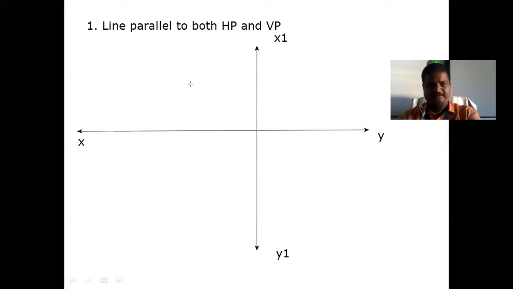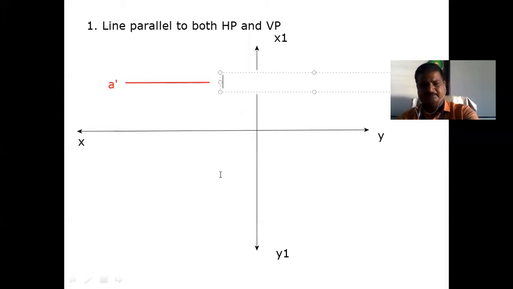This line must be a dark one. This is our front view of line AB. This is A dash and this point is B dash.